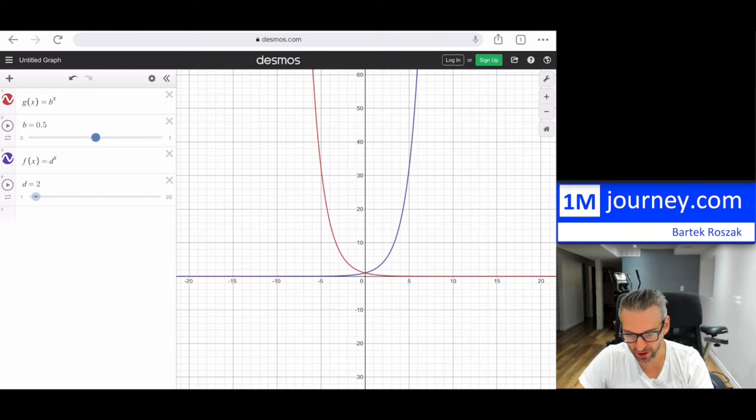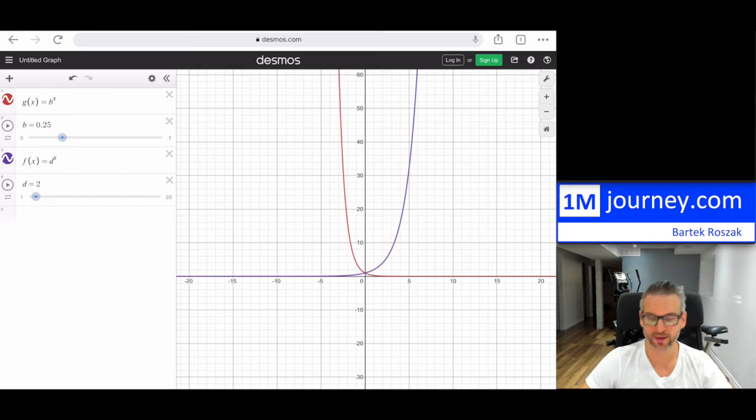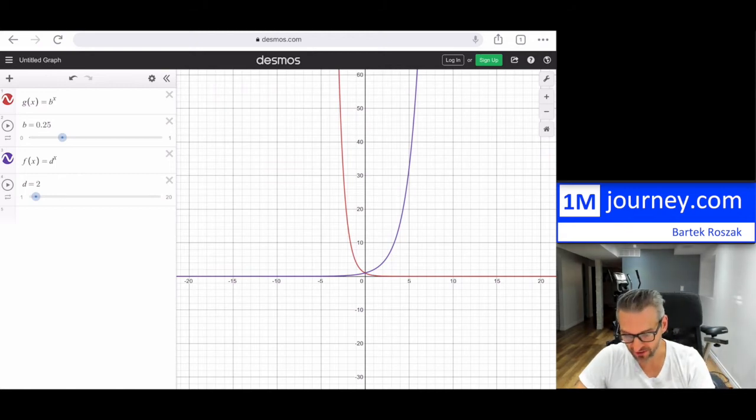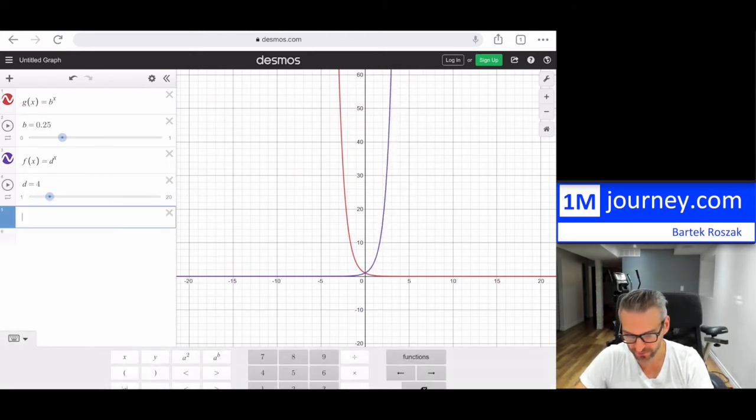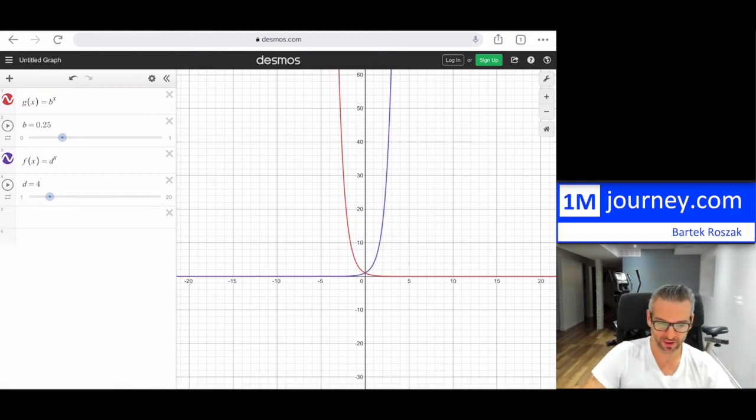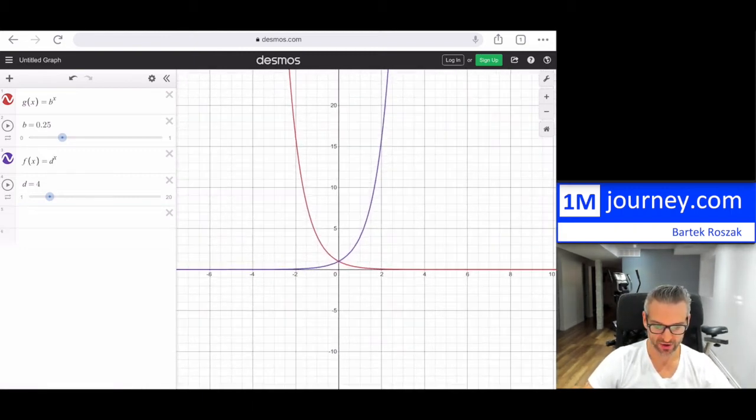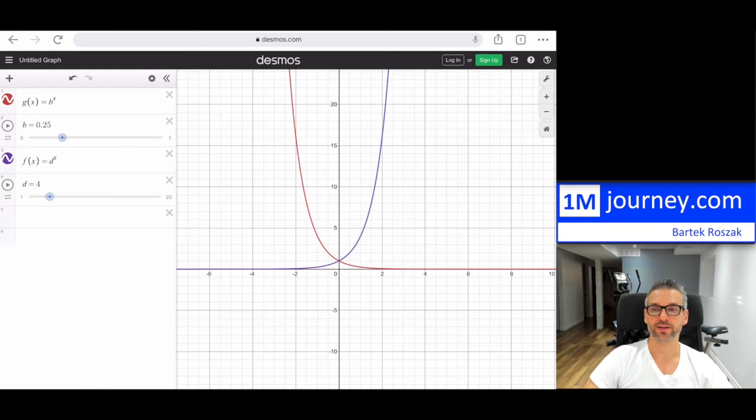So if I would put, for instance, 0.25. Let's see if I can get to 2 pi. There we go. 0.25 is 1 over 4. So that means if I make the base 4, if I move this to 4, like so, notice again, it looks like I have a mirror image.